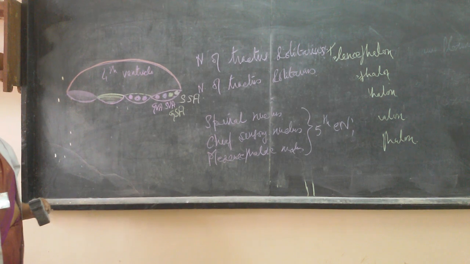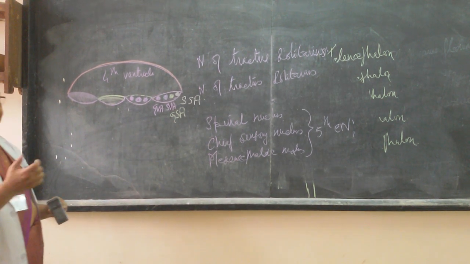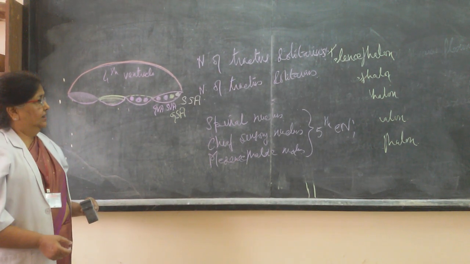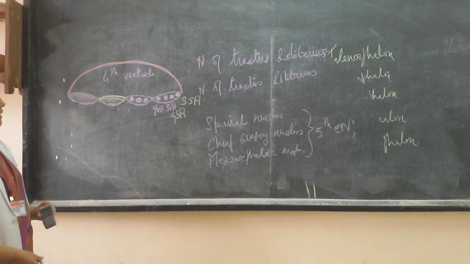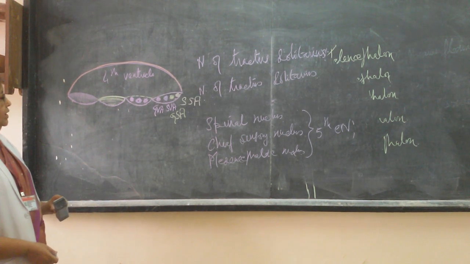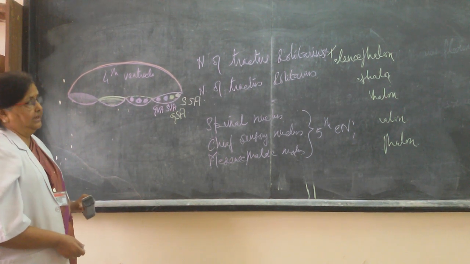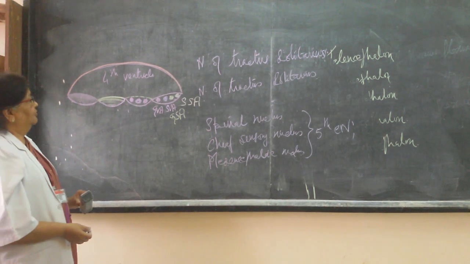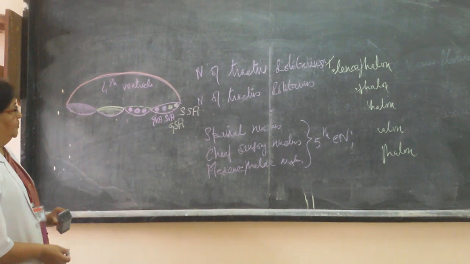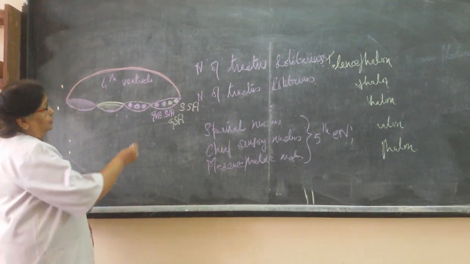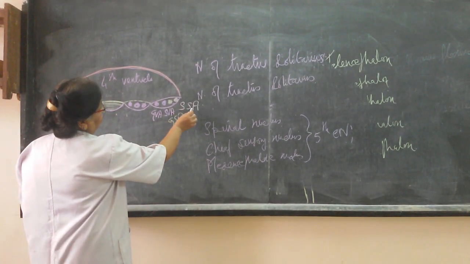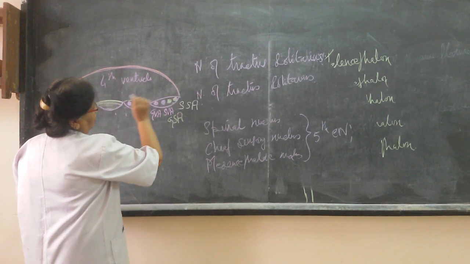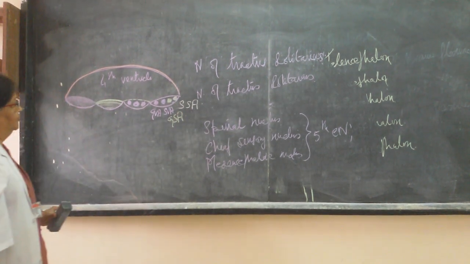The nuclei for hearing are known as cochlear nuclei, and for equilibrium, vestibular nuclei. The cochlear nuclei lie lateral to the vestibular nuclei.